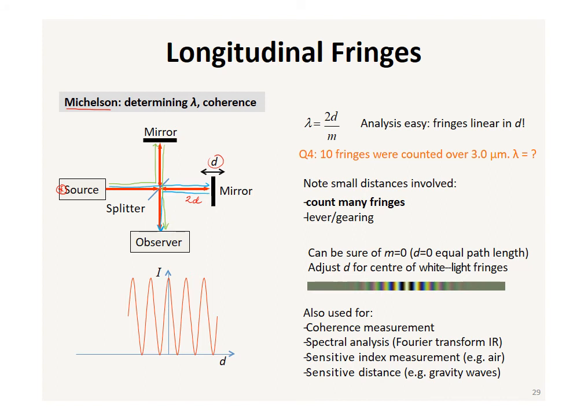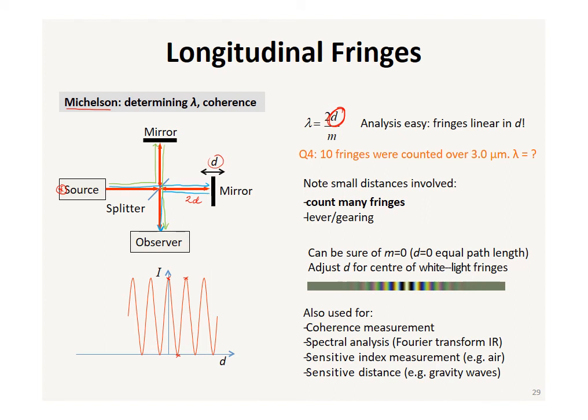Now these are co-propagating waves, so we are not going to see the stationary interference pattern. But what we do is we change this distance of the mirror, and in that way we change the interference condition that we have at the detector, so it moves from constructive to destructive to constructive interference and so forth.